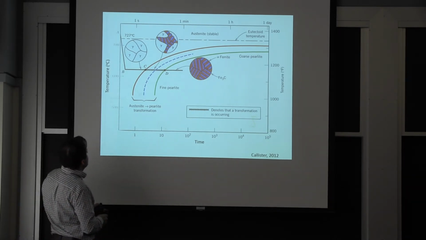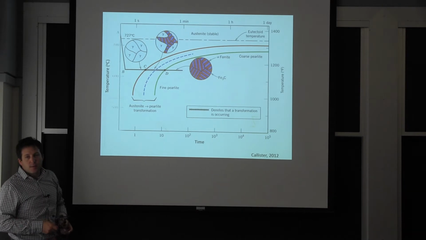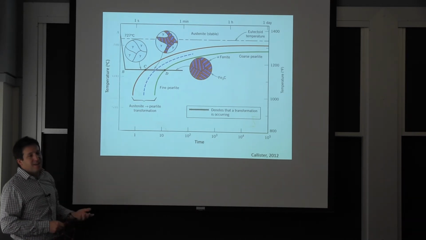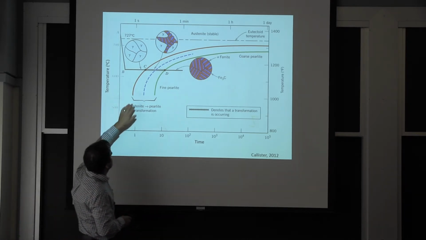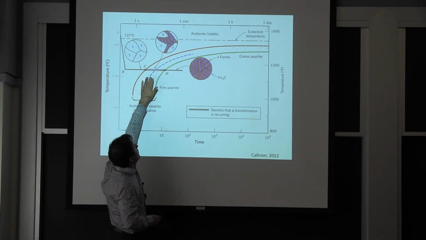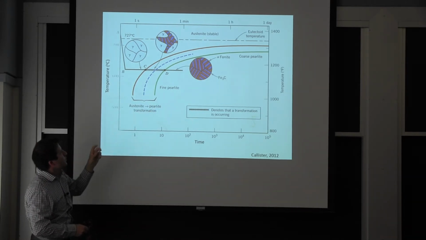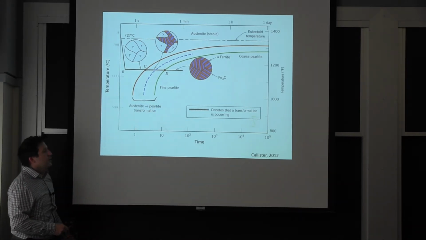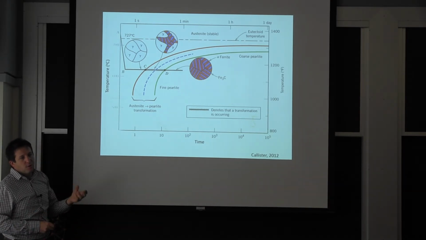But if we do that, what the kinetics tells us is it will take quite a bit of time to start having anything happen. And when you start forming that pearlite, the temperature you're at is what's going to dictate the size of these different lamellae. If you're at higher temperature, you get more diffusion, it'll be more broadly spaced.